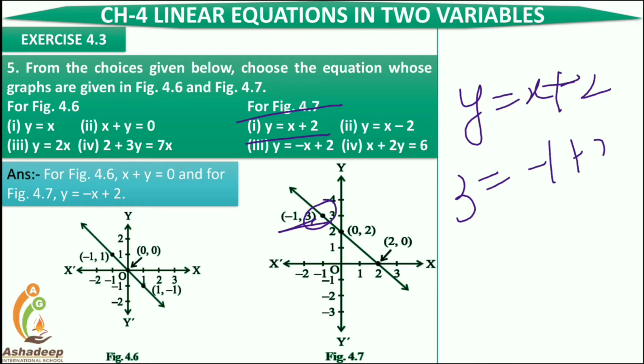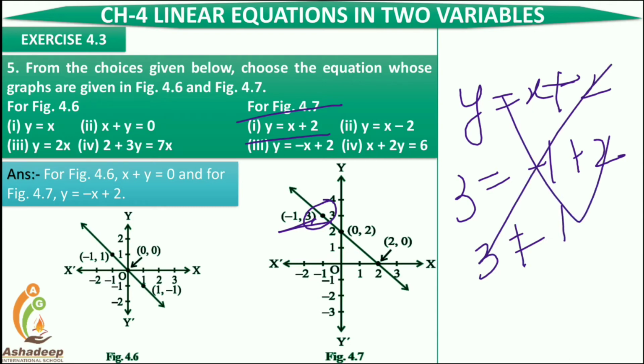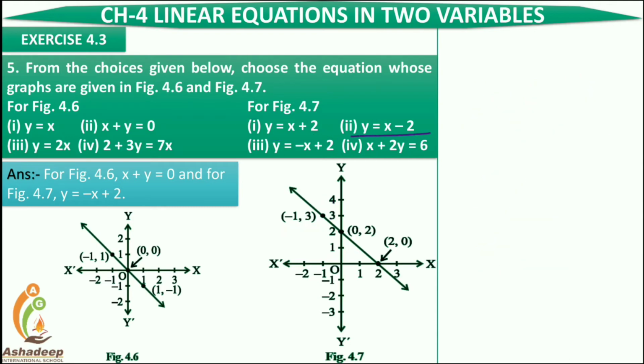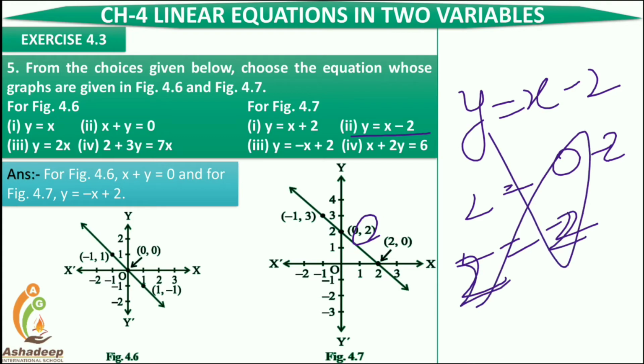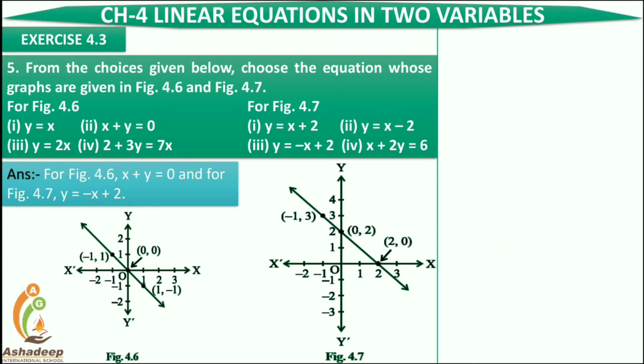So minus 1 plus 2. So 3 is equal to 1. Is it equal? No. So this equation doesn't satisfy. Now take y is equal to x minus 2. Instead of y, 2. Instead of x, 0 minus 2. So 2 is equal to minus 2. Can 2 and minus 2 be equal? No. So this might not be the option.